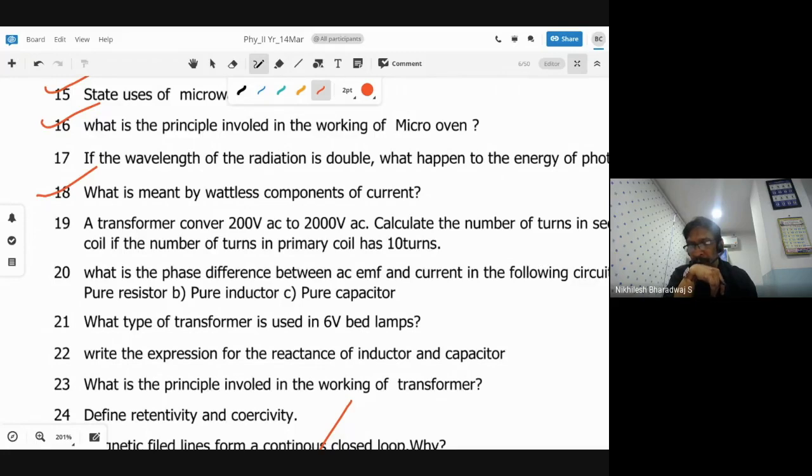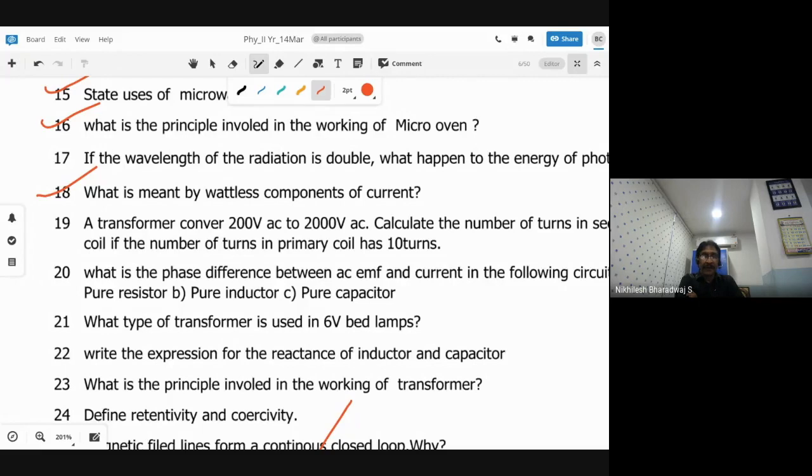The component of current which contributes no power in an AC circuit. I repeat, the component of current which contributes no power in an AC circuit is called wattless component of current.